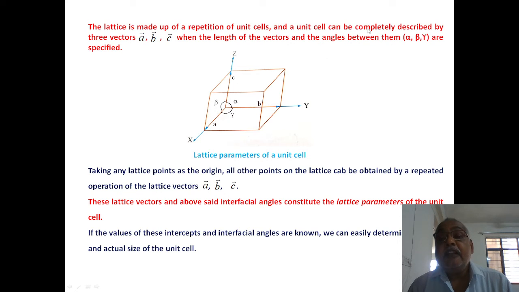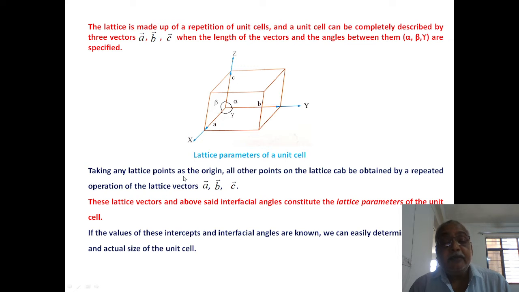A unit cell can be completely described by three vectors a, b, c, with the lengths of the vectors and the angles between them, alpha, beta, gamma, specified. Understand this structure: the lengths are a, b, c and the angles between them are alpha, beta, gamma.